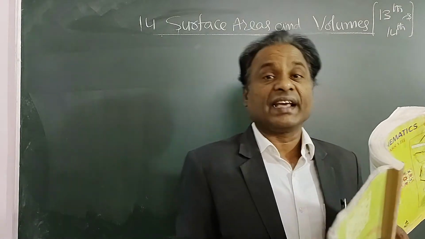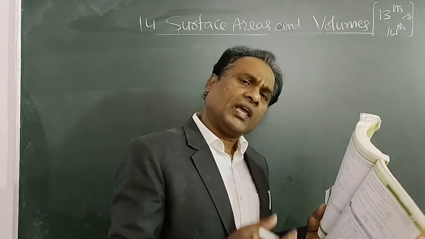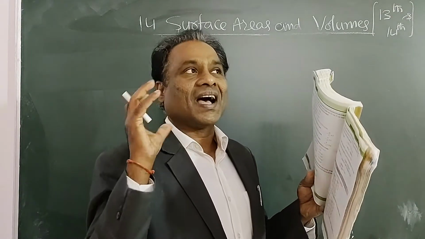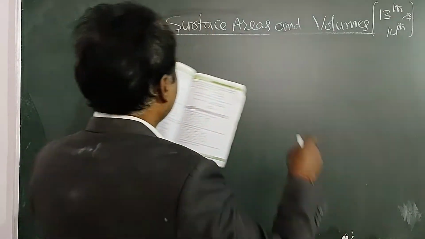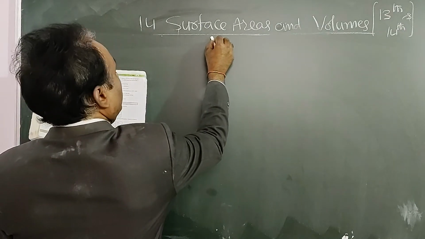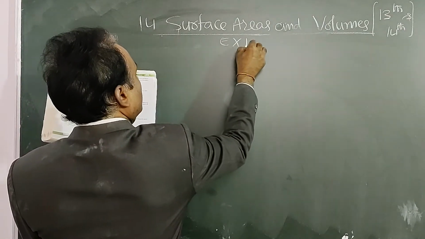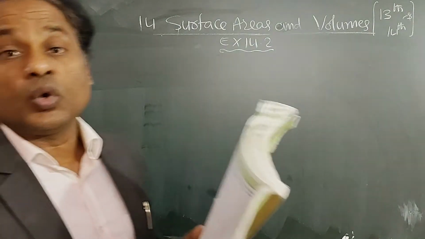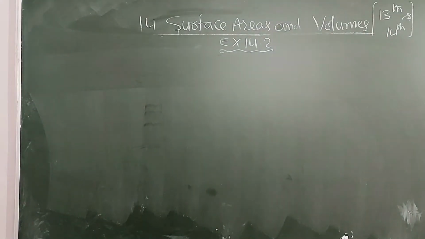Now starting the second exercise, students, no new formulas, same formulas, but theory questions you have to read and understand. The concept you have to understand. See here, exercise 14.2. All of you open your textbooks, students, because theory questions you have to read and understand.